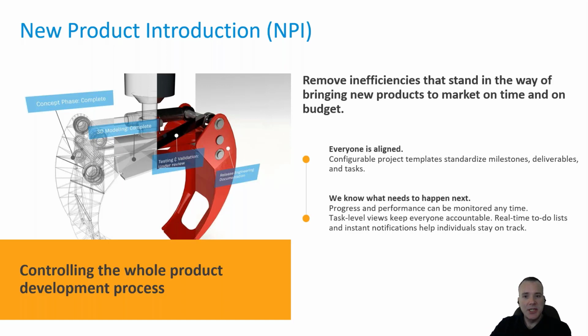There's typically a stage gate process where certain thresholds have to be met before you get other people involved. Is there a market for it? Can we do it technically? Can we make it and make money on it? How are we going to sell it? How are we going to market it? All of those things need to happen, and there generally is a serial process there.